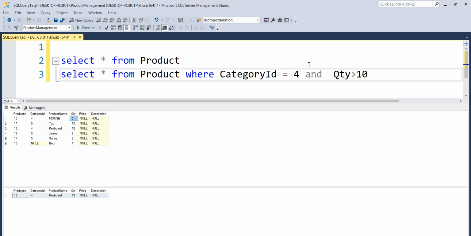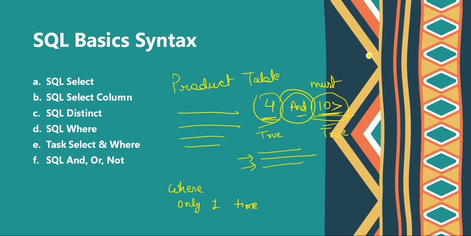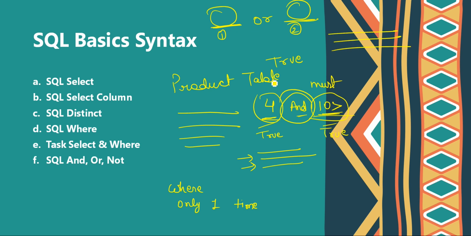Now what happens if I write OR here? In the case of OR, whatever conditions we have, let's say condition 1, condition 2, if any one of the conditions becomes true, it is going to select that row. So let's say category ID is 4 but quantity is not greater than 10, it is just 5.